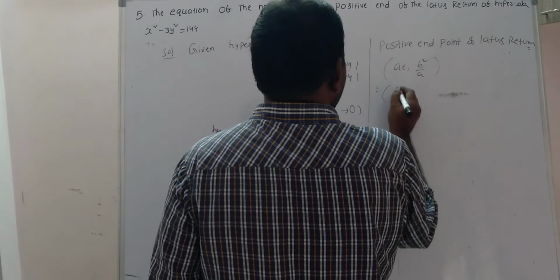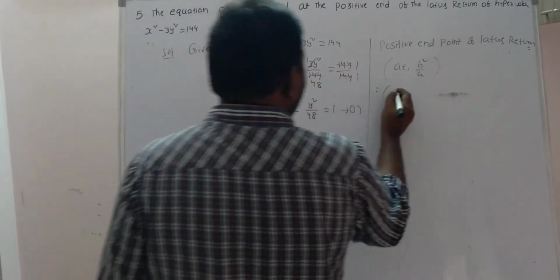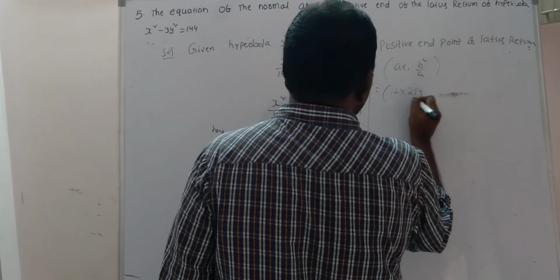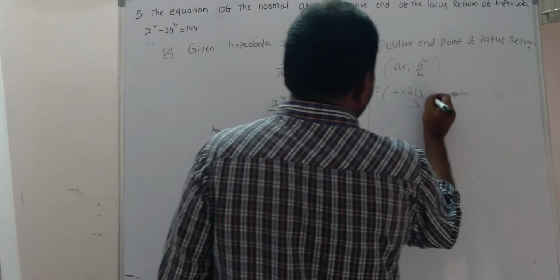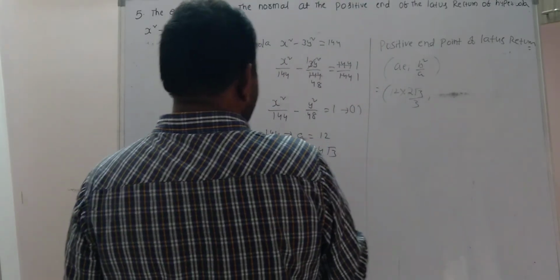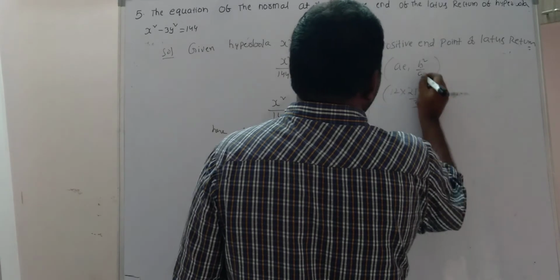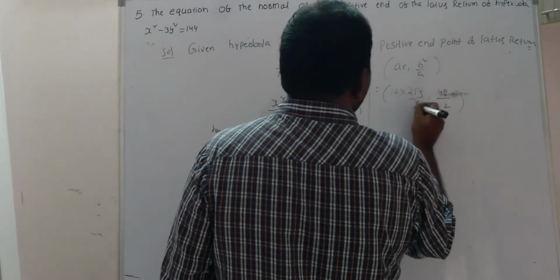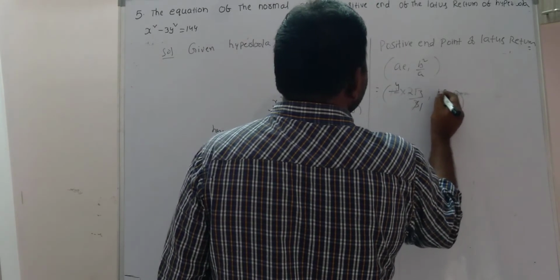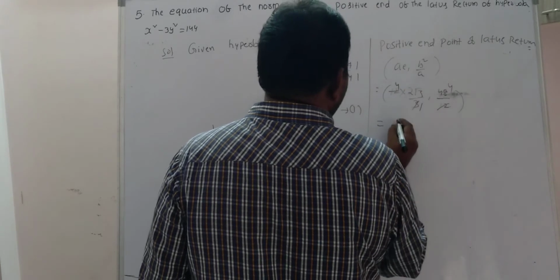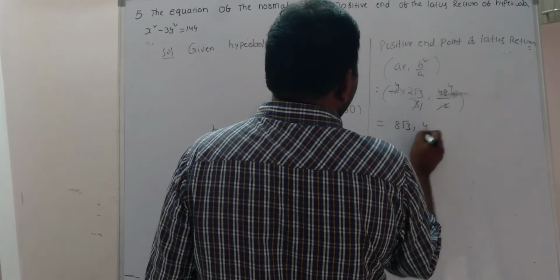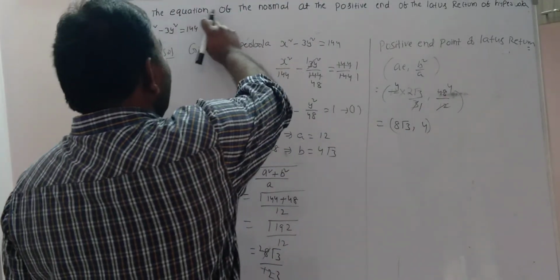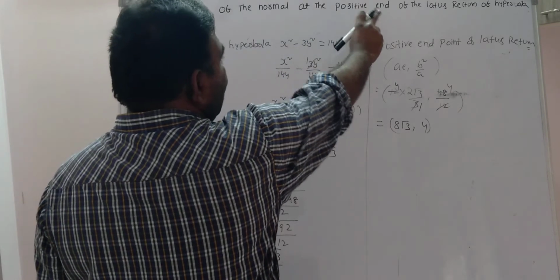So here ae, a means how much? 12. 12 into e value, 2 root 3 by 3, comma b square value 48 by a value 12. 3 ones are 3, 3 fours are 12... we get 4 twos are 8, 8 root 3, comma 4. This is the end point of the latus rectum. What do we want? The equation of the normal at the positive end point of the latus rectum.